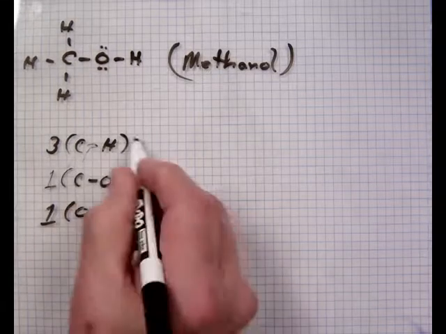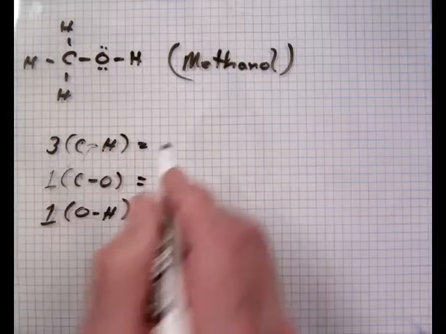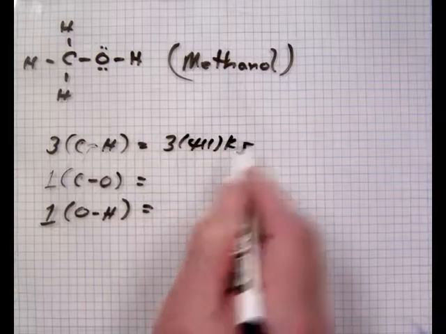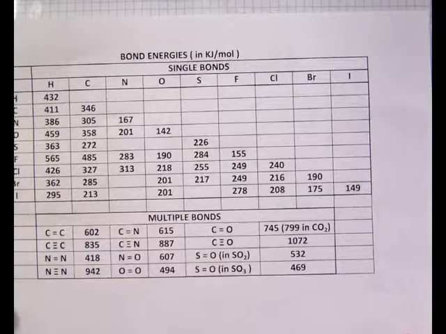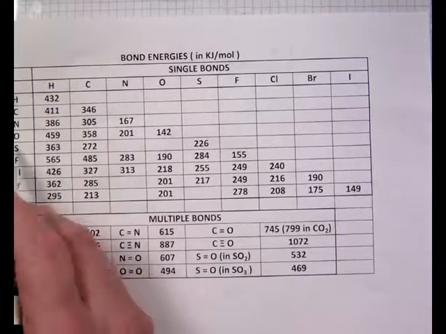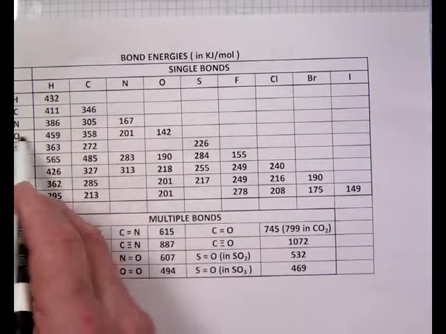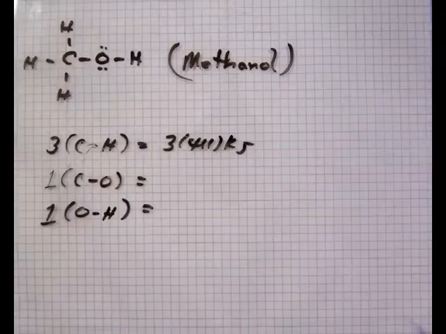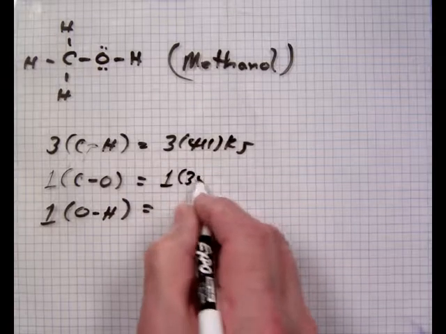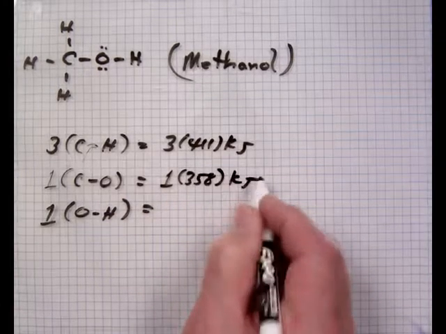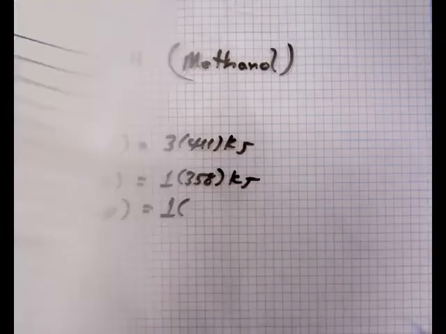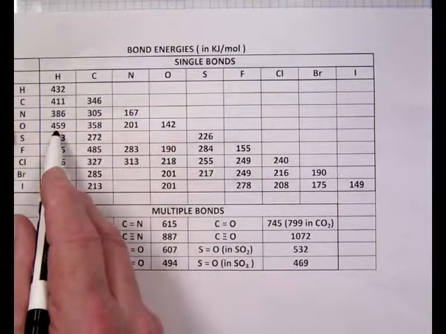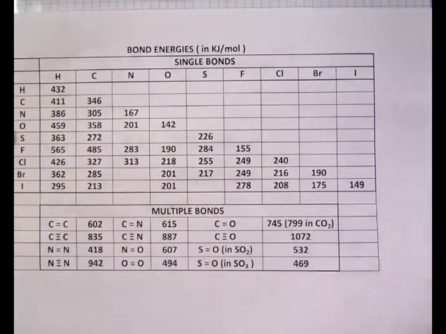Now it's simple enough. We already know carbon-hydrogen is 411 kilojoules. So what is carbon-oxygen? I look on the table and find where the numbers line up. Oxygen and carbon is 358 right there. So I come in with 1 times 358 kilojoules. Then I look up oxygen-hydrogen, and I find 459 right there. So I put that one in.